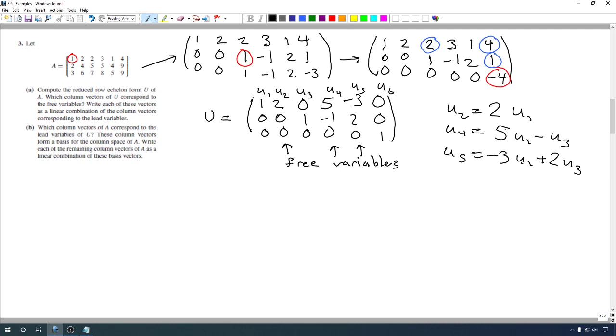So now we've expressed every single vector in terms of the vectors U1, U3, and U6. We didn't have to use U6 because it's just off by itself. It's the very last row, and nothing else has a non-zero number in that third row.